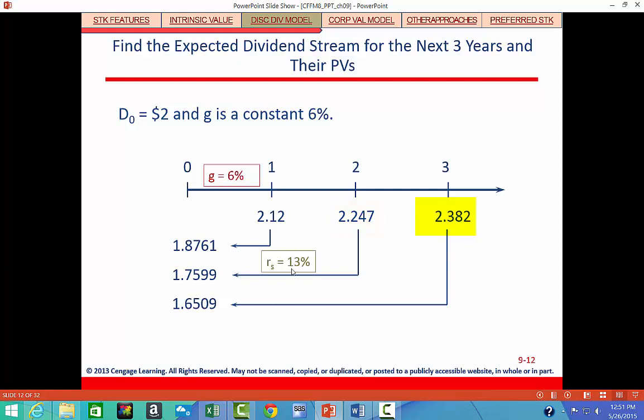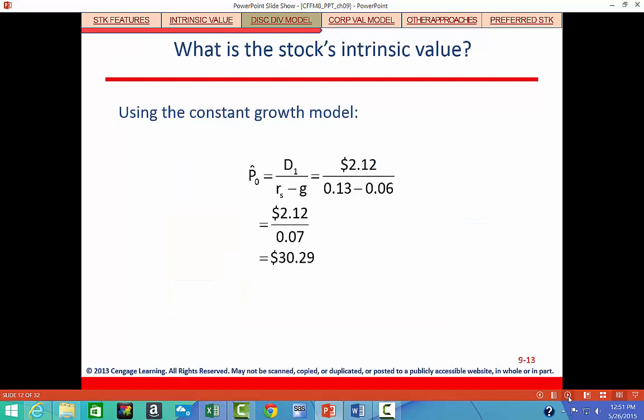And then they said, well, let's use that required rate of return of 13% to discount these dividends back to the present, because eventually we need the sum of all the present values of the dividends. And so let's assume that we were able to say this was a constant growth rate of 6%.